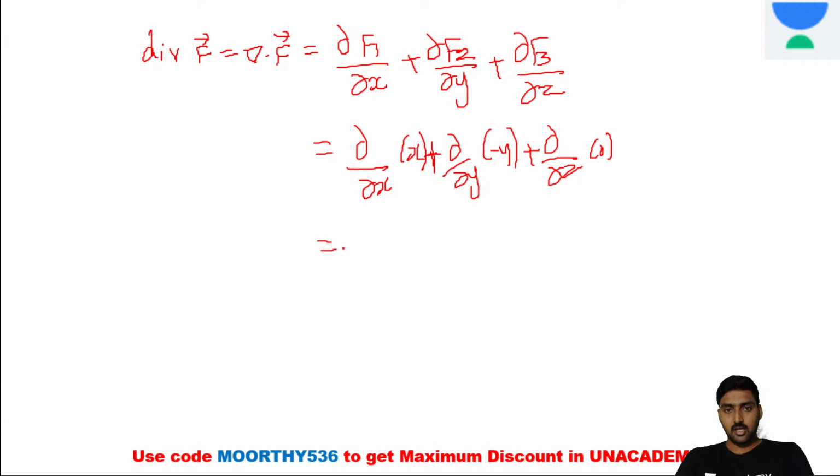If you apply it, it's 1 minus 1 plus 0, which totals 0. Whenever the divergence of the F vector is equal to 0, it is called a solenoidal vector. It is divergence free.